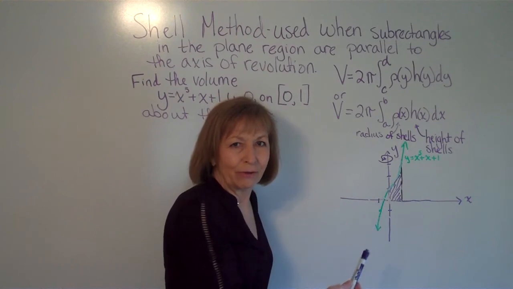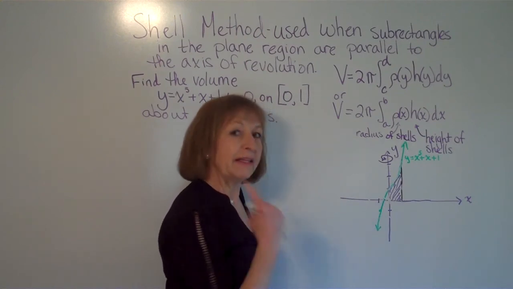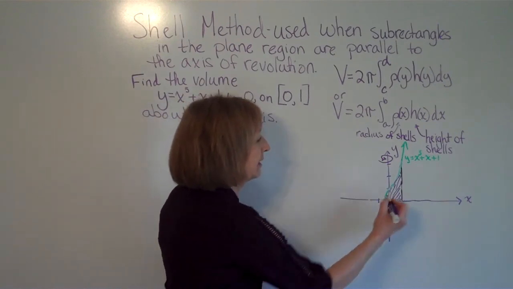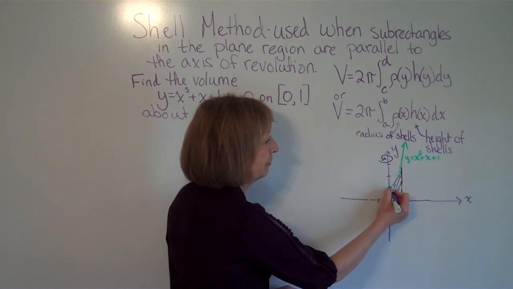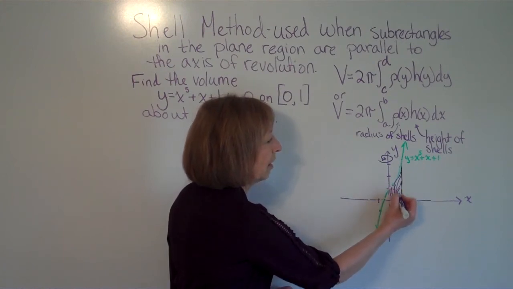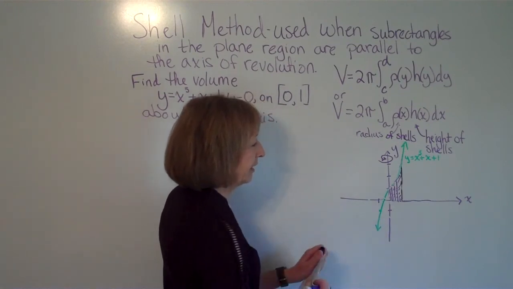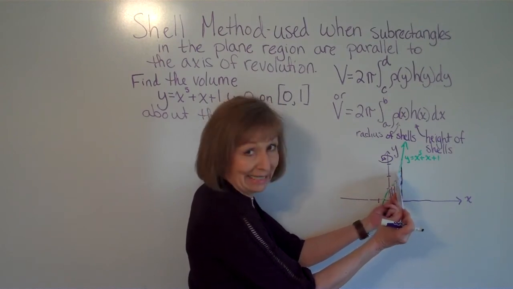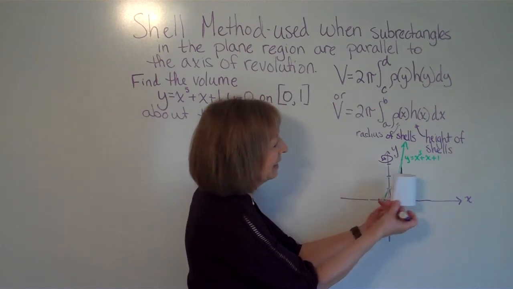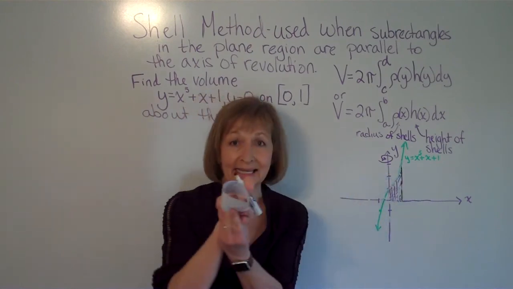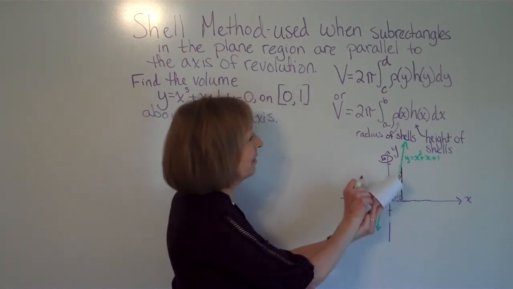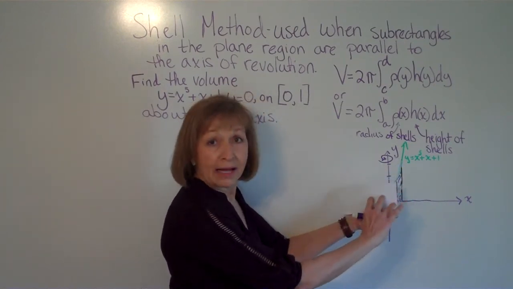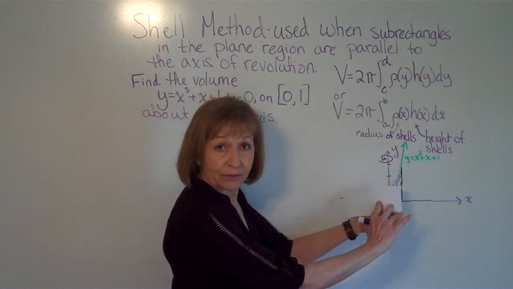This is kind of like that zero gravity ride at the carnival, where you're sitting there and it's spinning and you have just that shell. If I take a subrectangle representation in the plane region and work it across the interval that we're revolving, each of these has a very thin thickness of dx. As I spin that around, I get a cylindrical shell. Thinking about taking that cylindrical shell and opening it up, I would want the area of the rectangle that's formed.